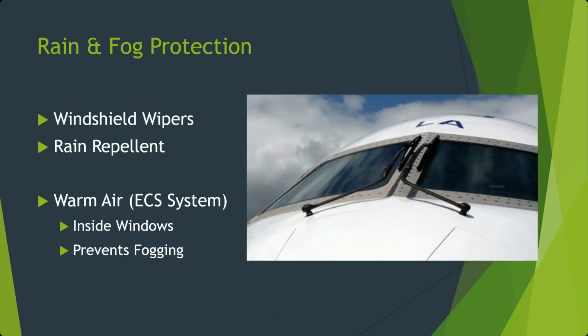The last area, rain and fog protection. So again, these are primarily used for visibility purposes for taxi, takeoff, and landing. But during flight, the crew on these aircraft really aren't looking out the windows much.